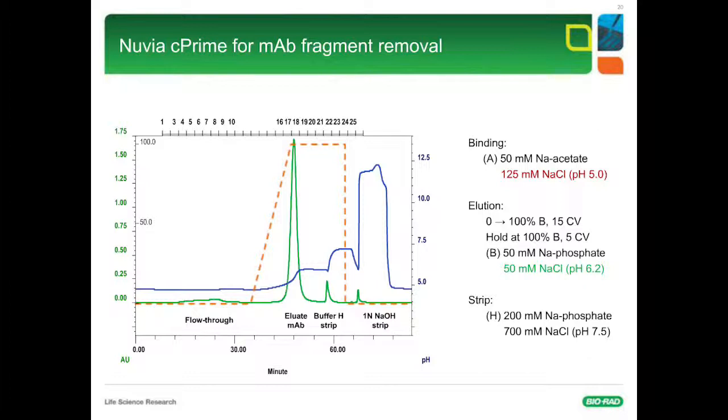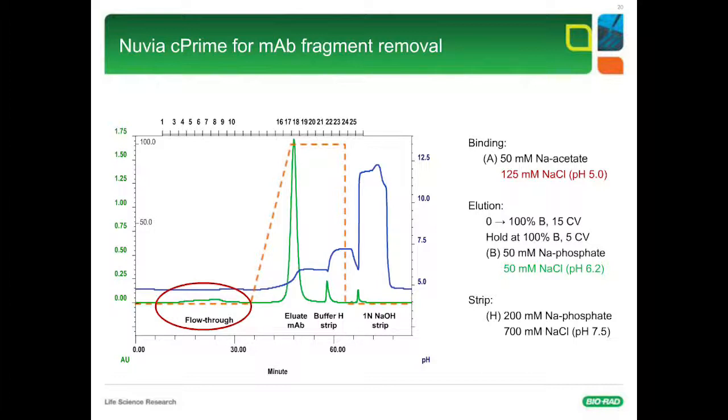Again, you see this pH 5. It seems to be a magic number. At pH 5 with 25 millimolar sodium chloride, we can have the fragment in the flow-through fractions and then keep the monomer on the column until we raise the buffer pH to 6.2. You see in the middle there is a very sharp elution peak.